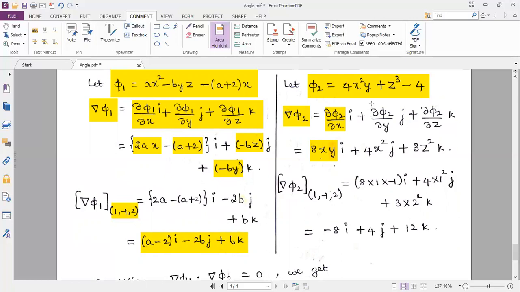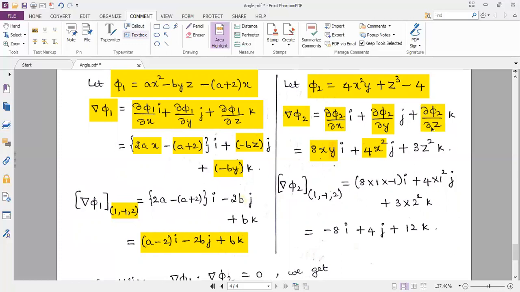Second term, ∂φ2/∂y. With respect to y, 4x² is a constant, writing it as it is. Differentiation of y partially with respect to y is 1. So 4x² j cap. Differentiation of z³ − 4 is again 0 since we are differentiating partially with respect to y. Last term, ∂φ2/∂z.